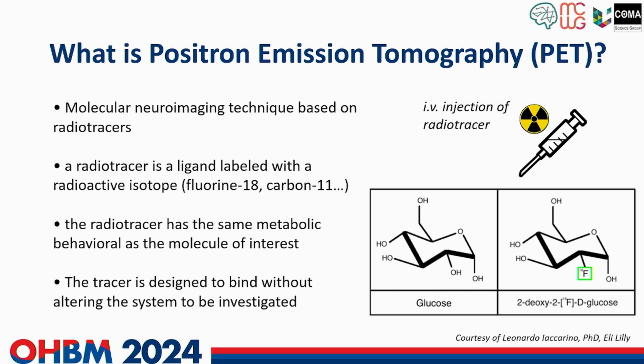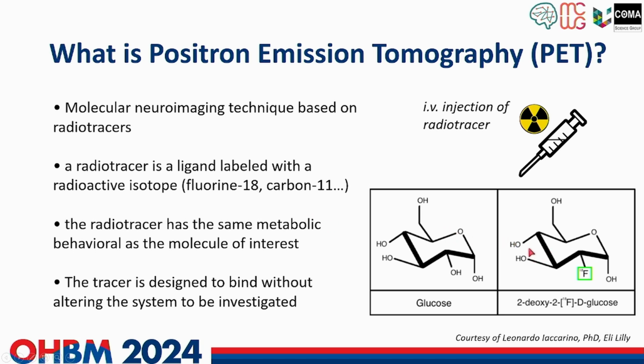Positron emission tomography is a technique based on a radiotracer that we inject in the subject to image the molecule of interest. What is a radiotracer? Well, it's a ligand which is labeled with a radioactive isotope. So essentially the radiotracer is made of two parts.